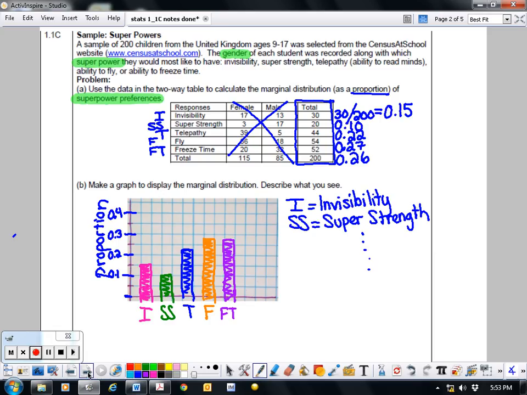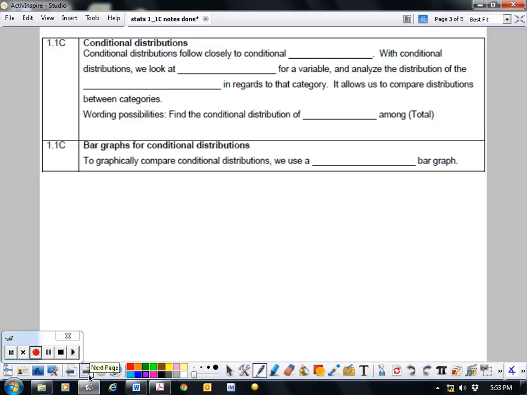So the next thing we're going to talk about is the conditional distribution. Conditional distributions follow closely to our conditional probability. So again, we'll be seeing this in Chapter 5. With conditional distributions, we look at one category for a variable.